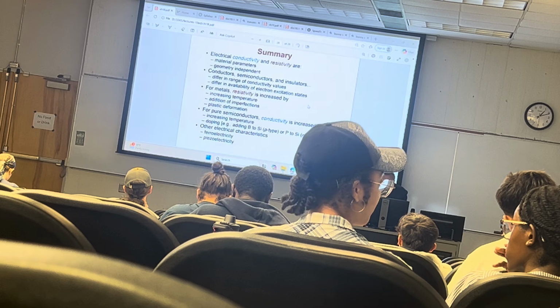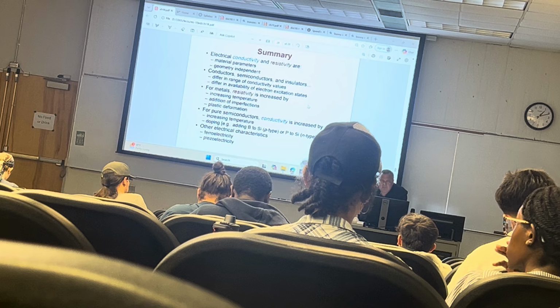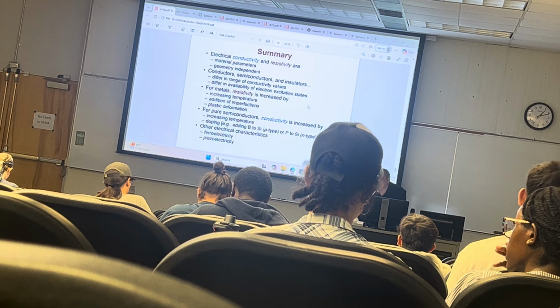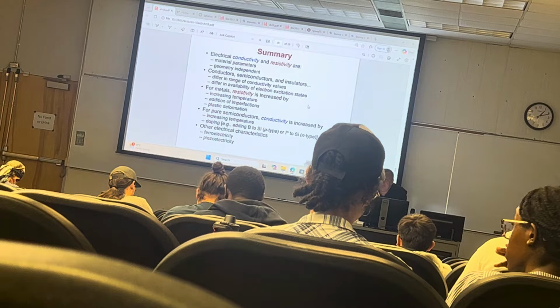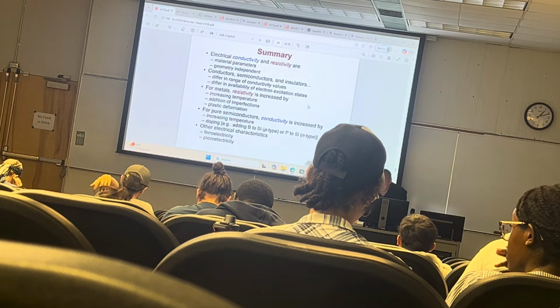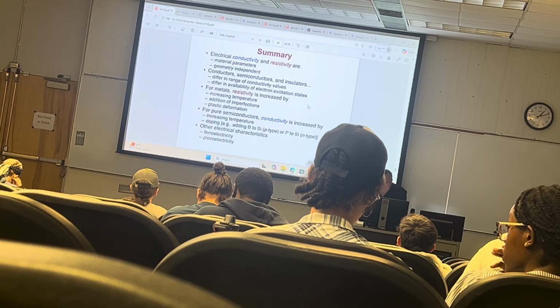Okay, we talked about electrical conductivity and electrical resistivity. These are materials properties. We tried to make them geometry independent. We talked about three types in terms of electrical properties: conductors, semiconductors, and insulators.